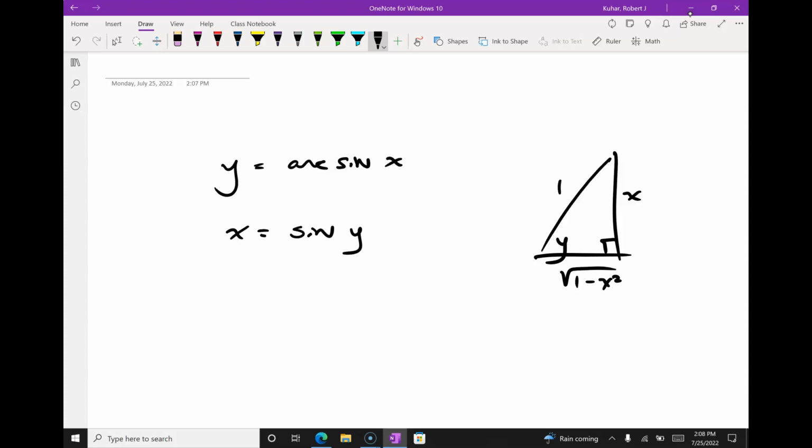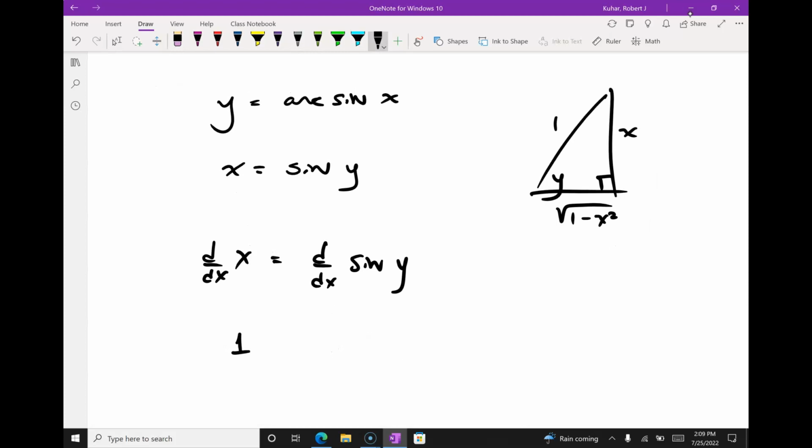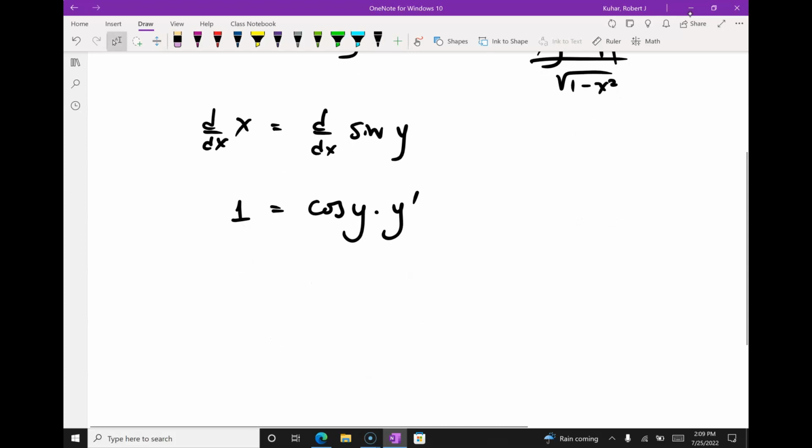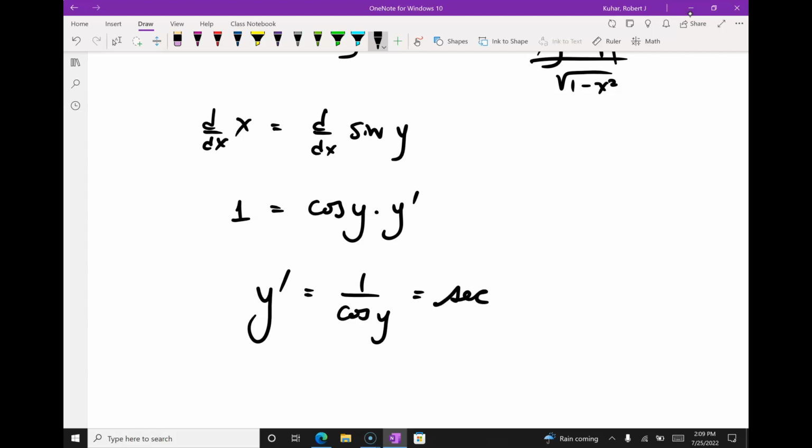Good, let's take derivatives. On the left side, I get 1. On the right side, I get cos of y times y prime. So y prime is simply 1 over the cos of y, or the secant of y.